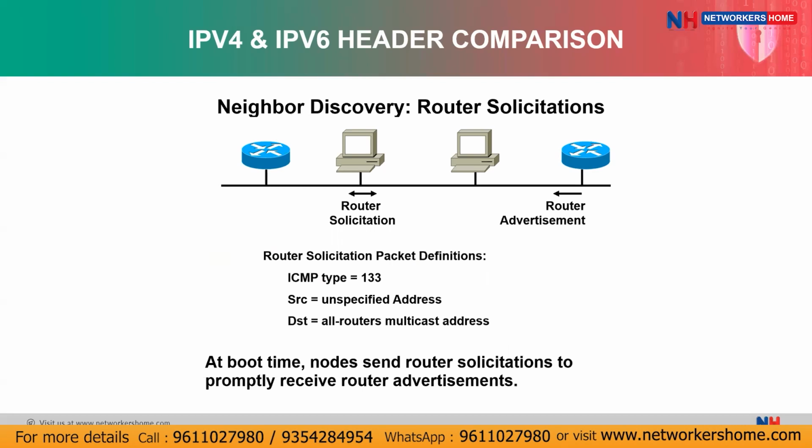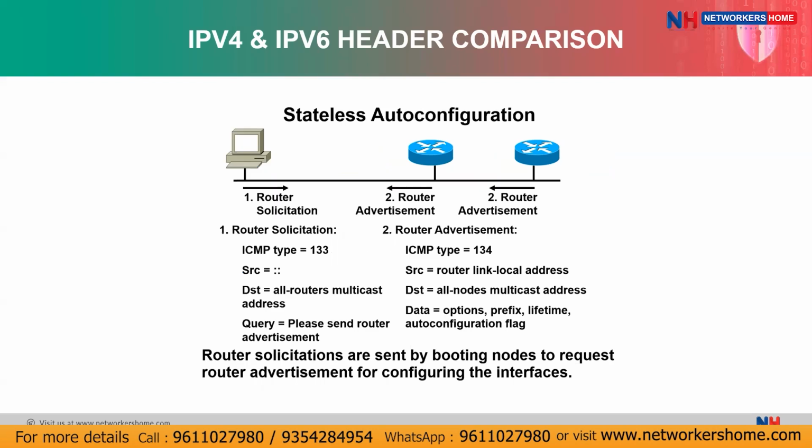And the router solicitation packet is ICMP type 133, the source is the unspecified address, the destination is the all-routers multicast address. At boot time, nodes send router solicitation to promptly receive router advertisement. So router solicitation goes from the user to the router, and router advertisement goes from routers to the user. Solicitation has ICMP type 133, router advertisement is 134.